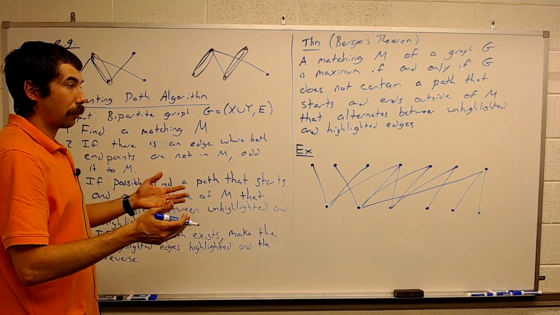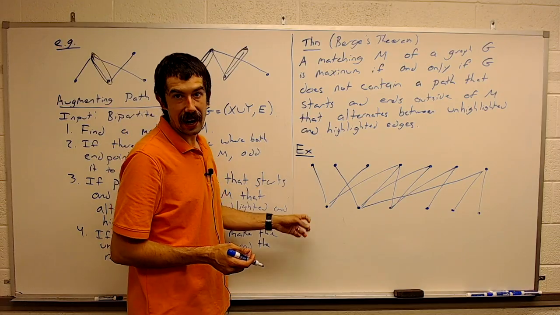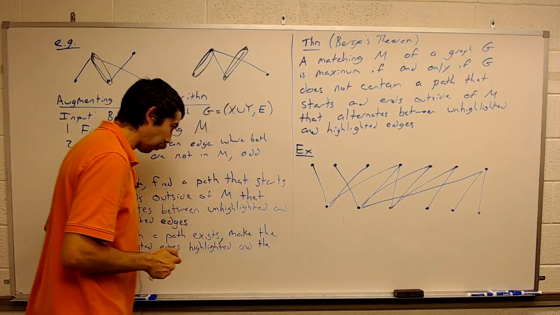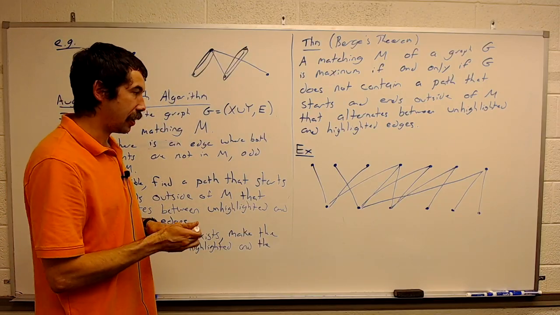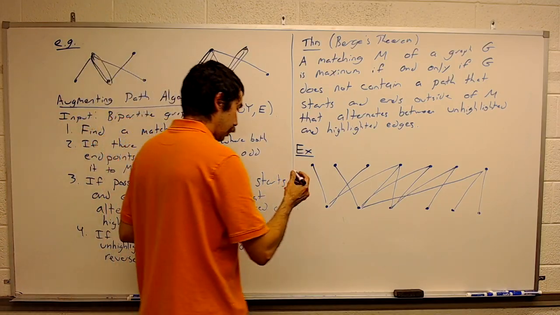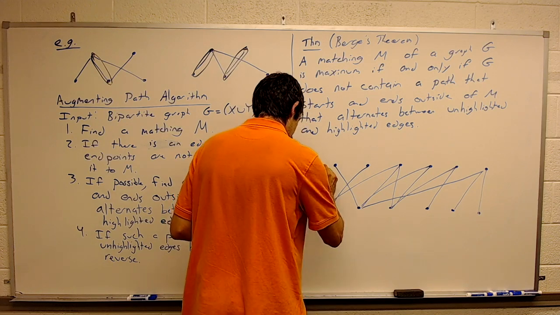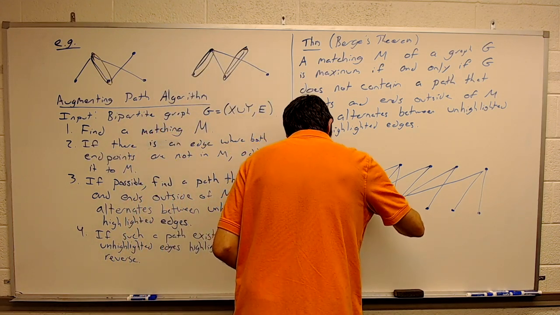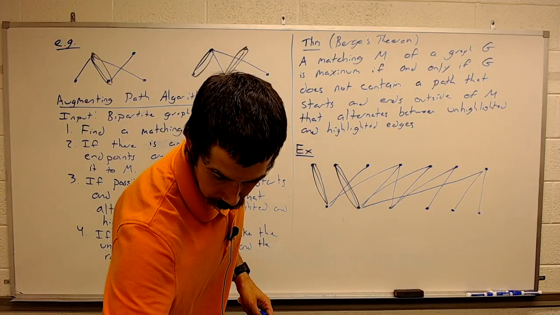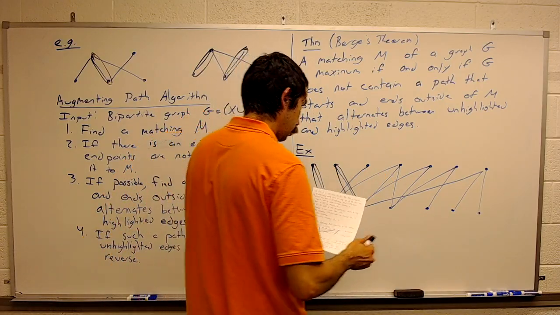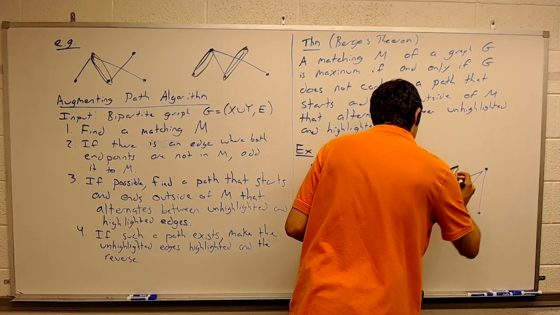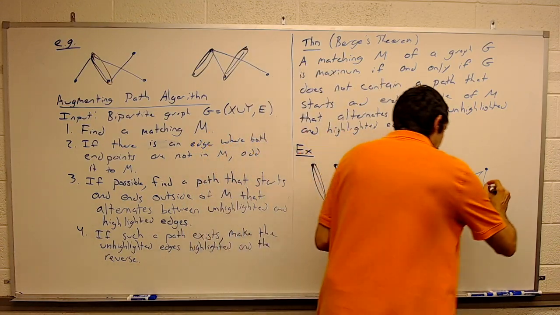All right, so suppose this is like employees and tasks again, and we want to assign tasks to our employees. And suppose our initial matching is this edge, this edge, this edge, and this edge.